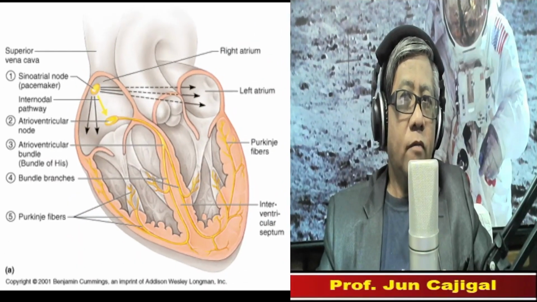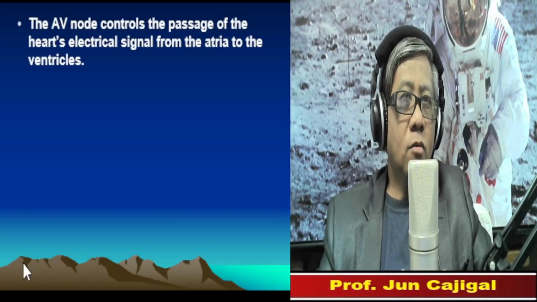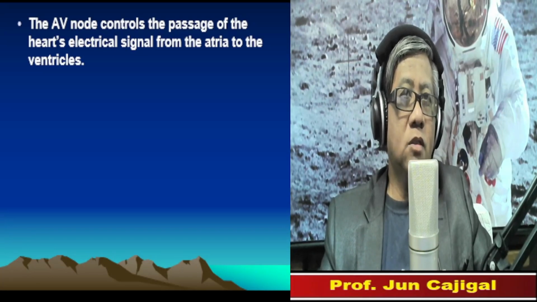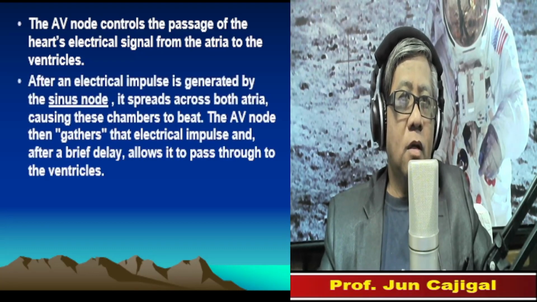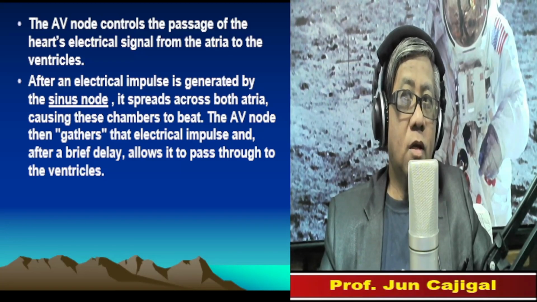Alright, so before we continue, I want to point out the following. Again, the AV node controls the passage of the heart's electrical signals from the atria to the ventricles. After an electrical impulse is generated by the sinoatrial node, the signals spread across both atria, causing the chambers to contract.